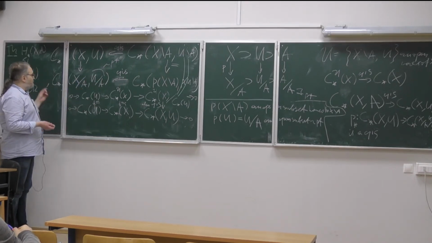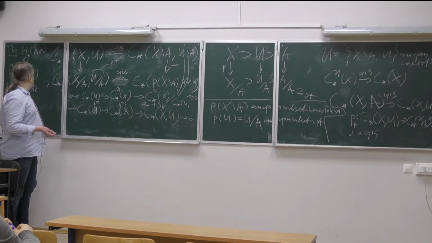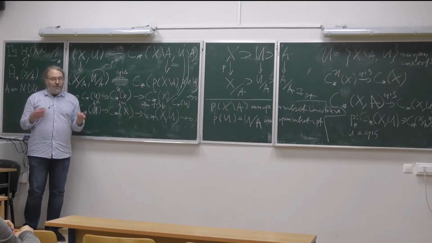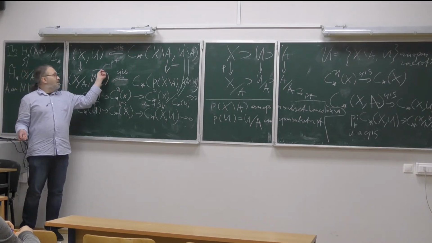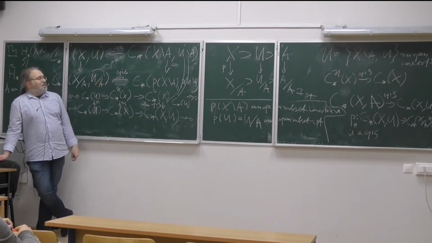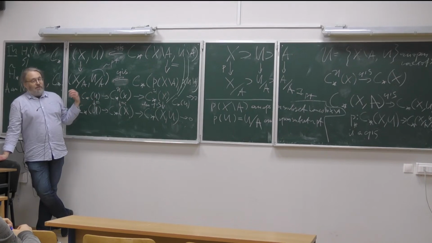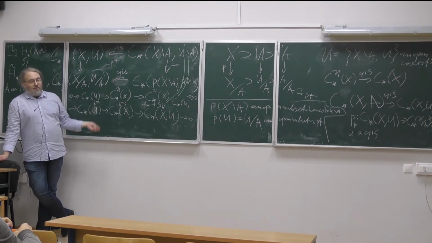Anyway, let's assume A is a neighborhood deformation retract. Then this is a point, and we get the homology mod a point, and it's the same as the relative, as the reduced homology, as we have already seen.